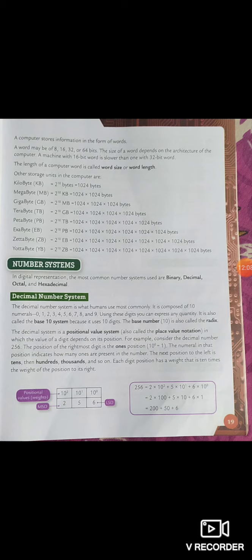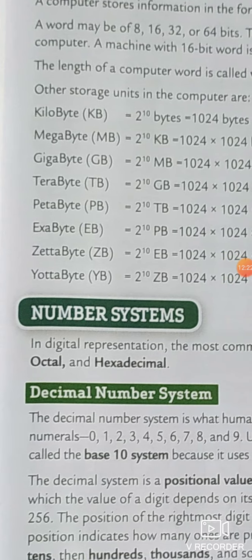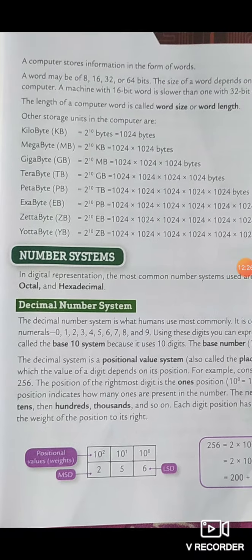If we take 256, you can see that here they take 256 in the decimal number system. The position of the rightmost digit is the ones position.